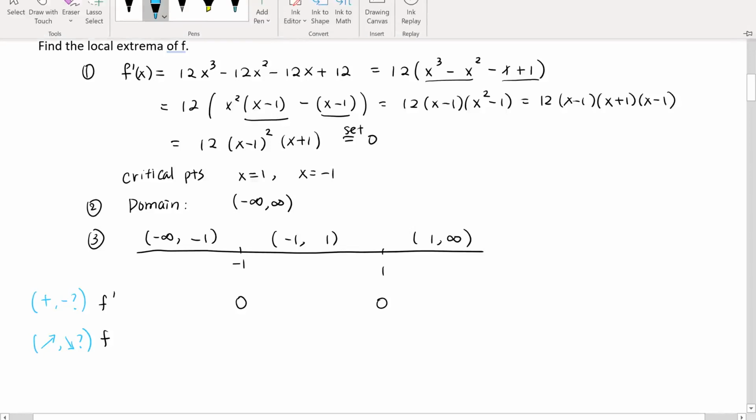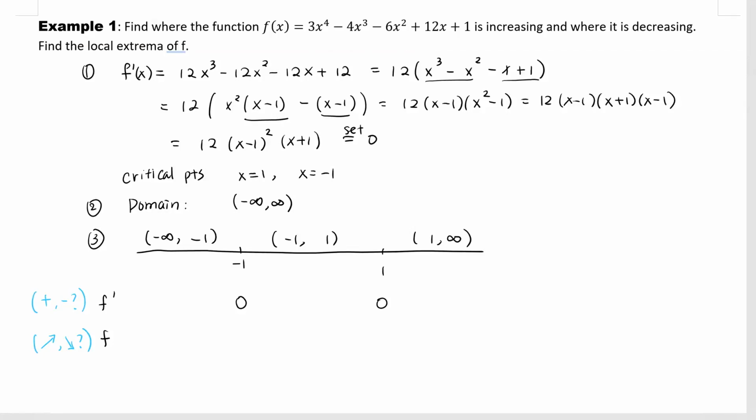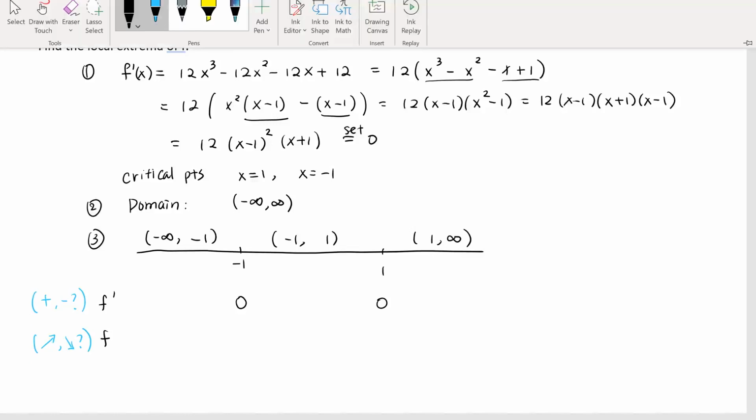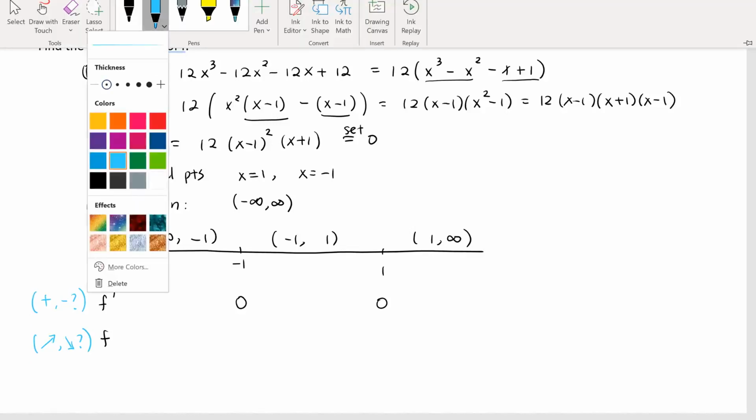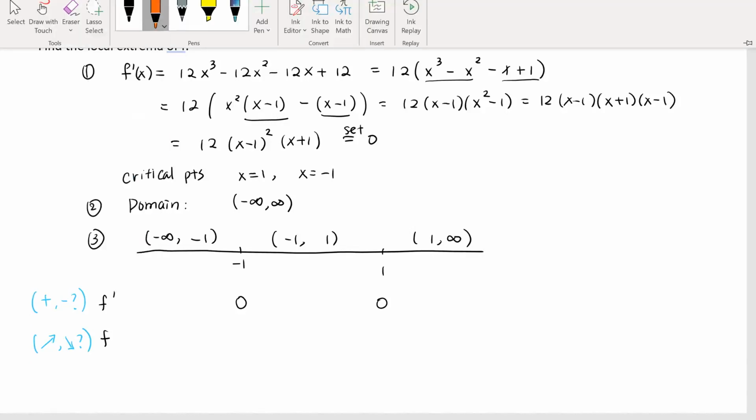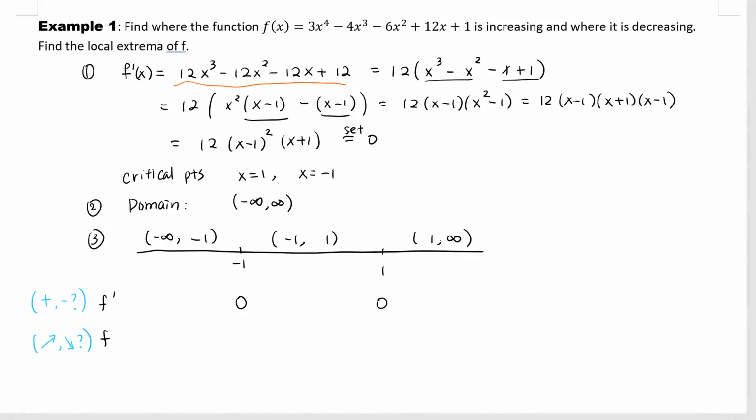So here we pick a point in the interval minus infinity to minus 1. What number shall we pick? Yes, minus 2. And you want to plug into f prime. Do you want to plug into this formula or this formula? We want to always plug into the factored form.